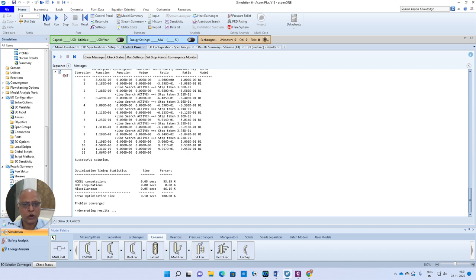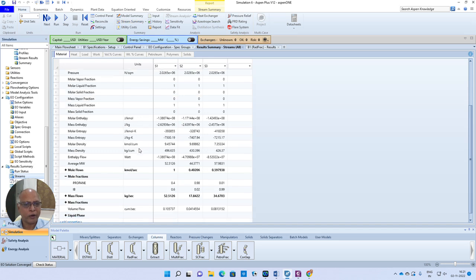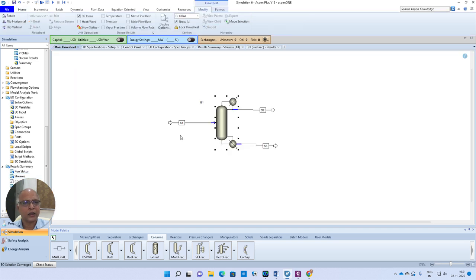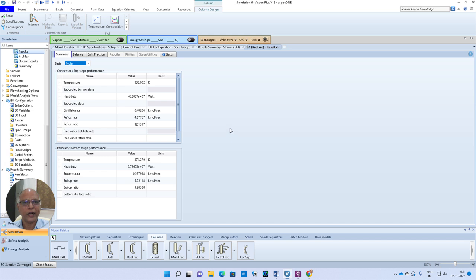So we were able to come to a solution within practically very little time, but let us see whether we were able to get to our requirement. Now you can see we were able to get to the requirement of top product purity as well as bottom product purity, right? But what are the results that gave us the respective values of reflux ratio and distillate rate?